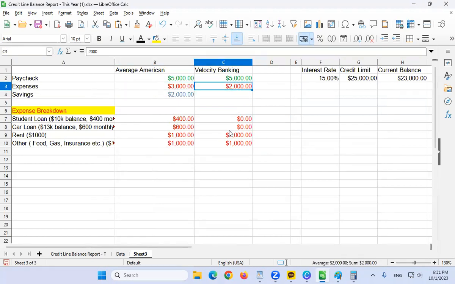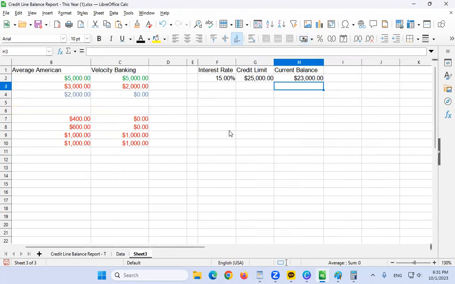And now with the velocity banking strategy, this is going to go to zero. We're not going to have any savings because the strategy is that you move this paycheck to that line of credit, which will satisfy the minimum monthly payment, and then take out your expenses when they're needed. So 23,000 minus 5,000 is 18,000. Then the expenses go up 2,000, so that'll be 20,000.